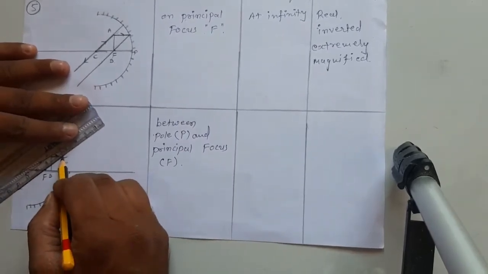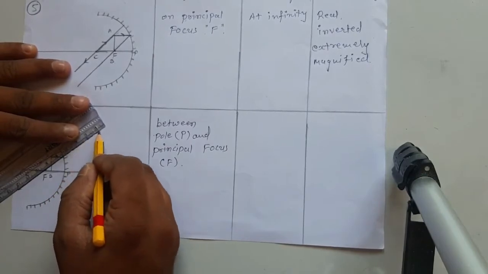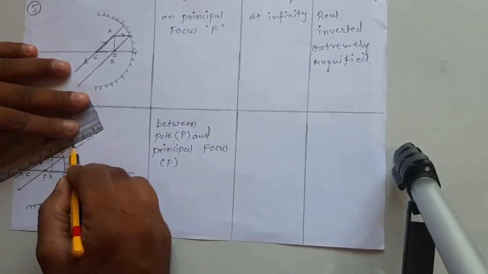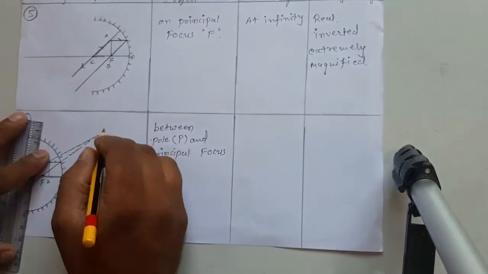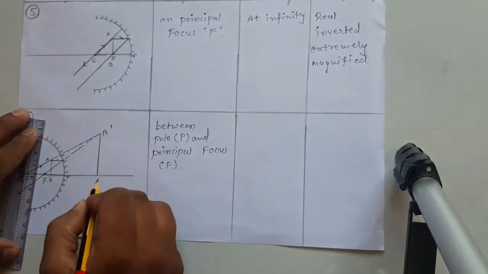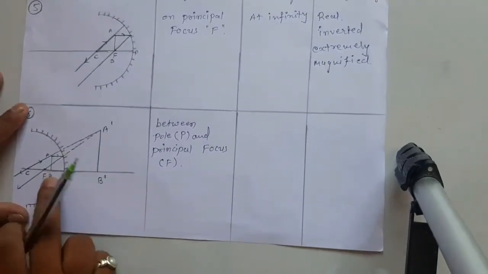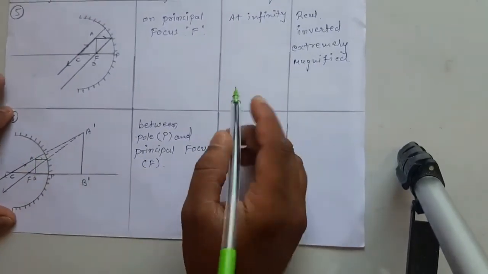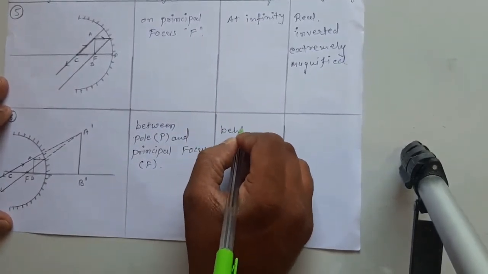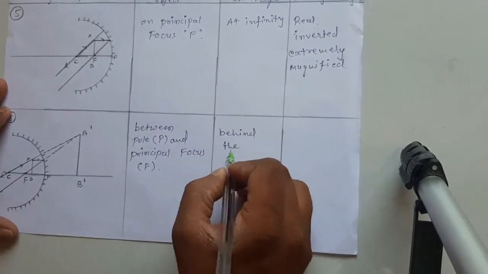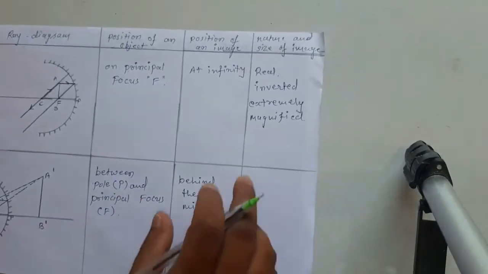Now as I extend this reflected ray in the backward direction, and also the other ray in the backward direction, I will get here my image as A dash B dash. So we can see here the image is formed at the back side of the mirror. So where is the position of the image? It is behind the mirror. One more thing, how is our image?